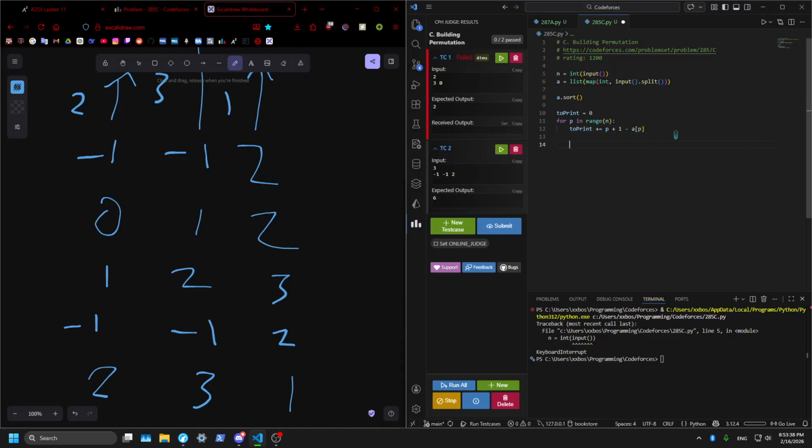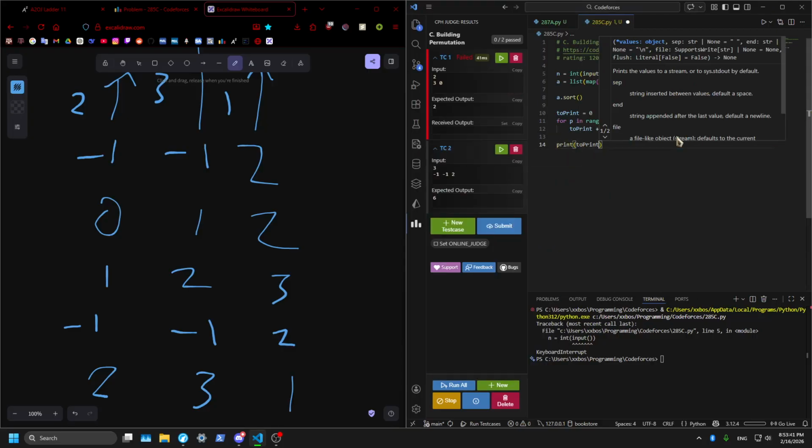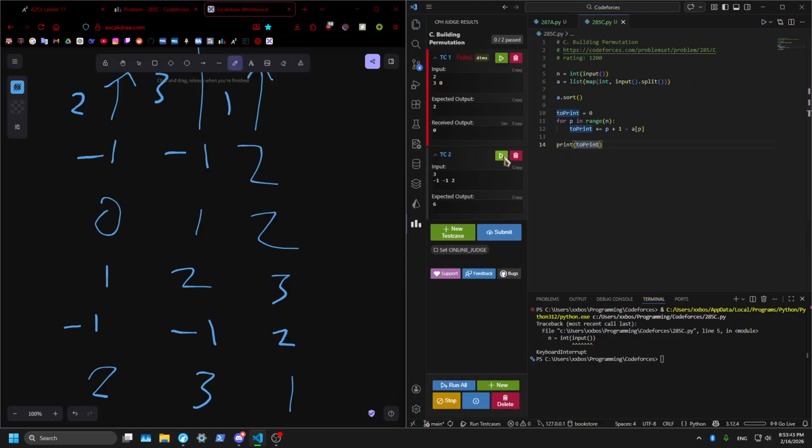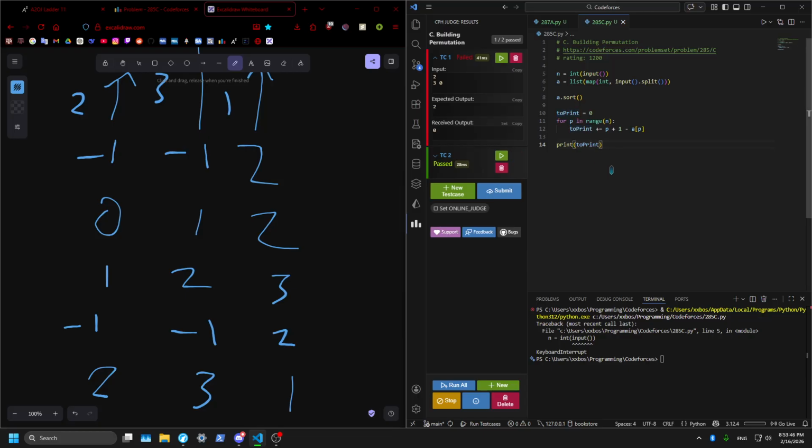Okay, and then we just print to print. 0.